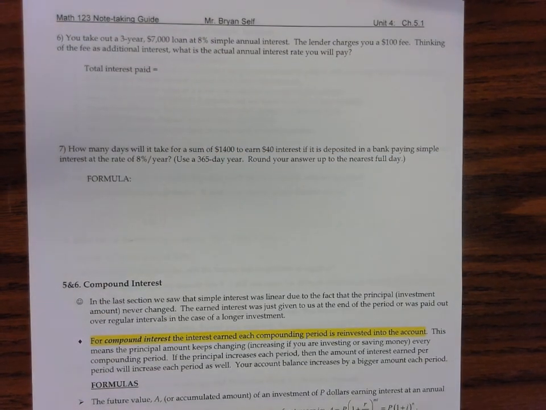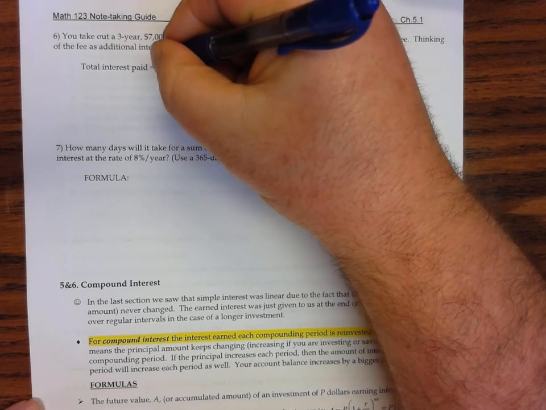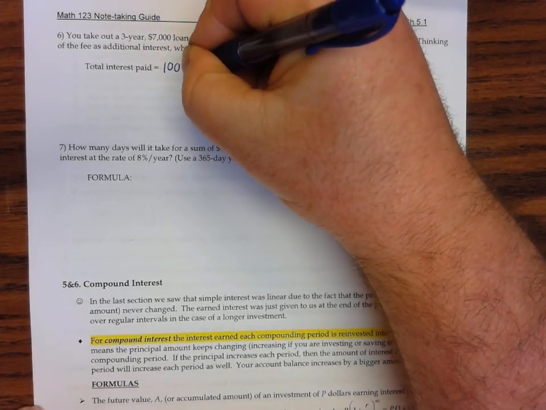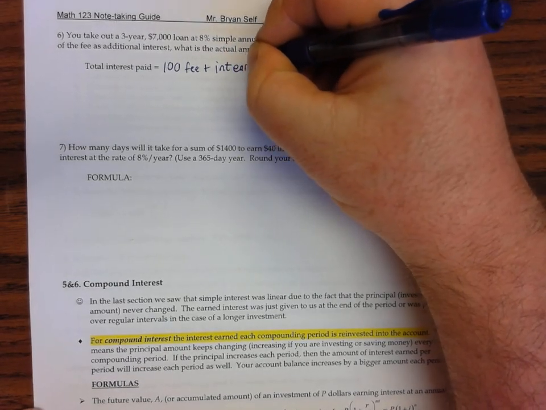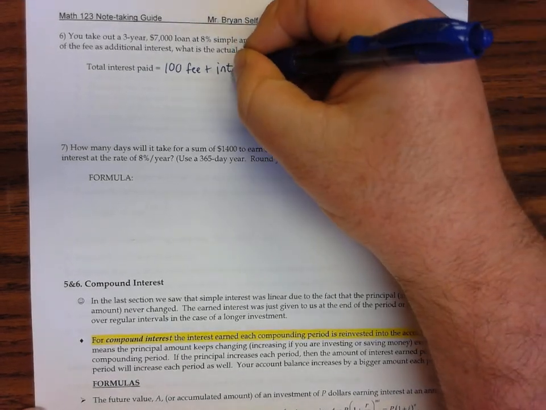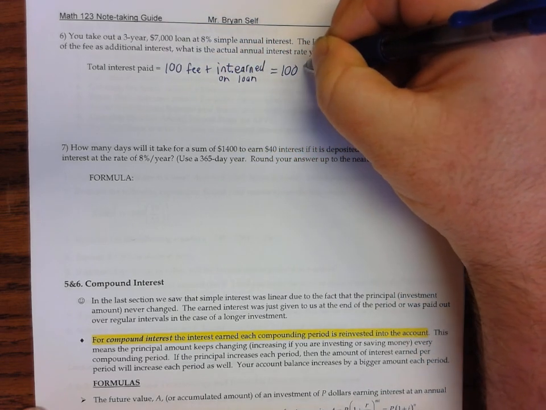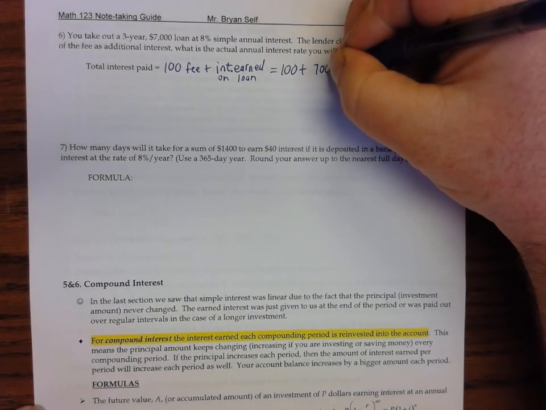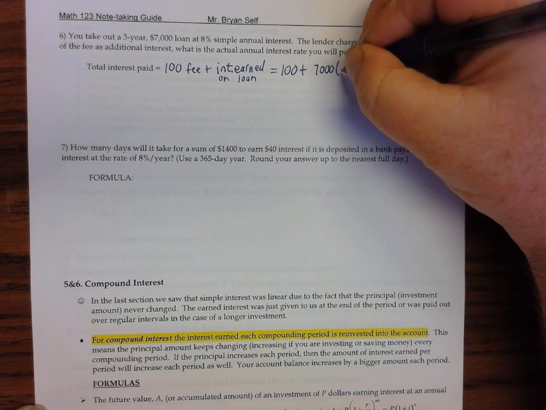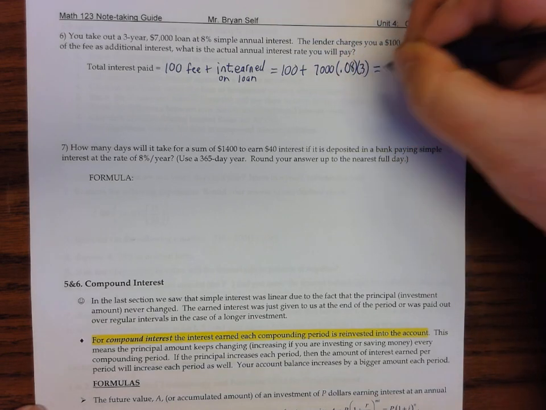To calculate the actual interest rate, we need to know the total amount of interest we paid. So our total interest paid, of course, is our $100 fee plus the interest accumulated on the loan. So that's $100 plus, and the interest we earned on the loan is our principal times our rate times our time.